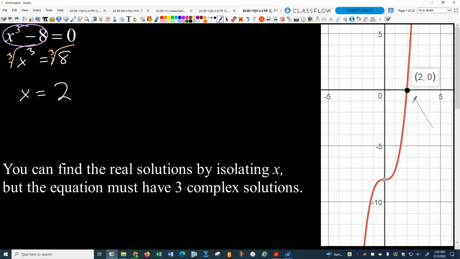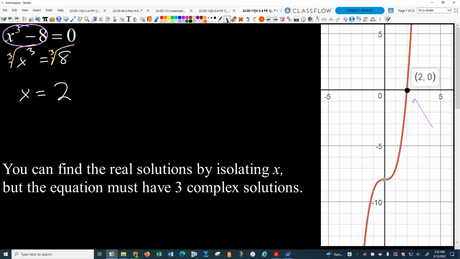It only has one x-intercept, and I found it. The bad news is I did not get the 2 imaginary solutions that come as a complex conjugate pair. I missed them, right? So you can find the real solutions of any polynomial by isolating the variable when you can, but you're going to miss a bunch of imaginary solutions.